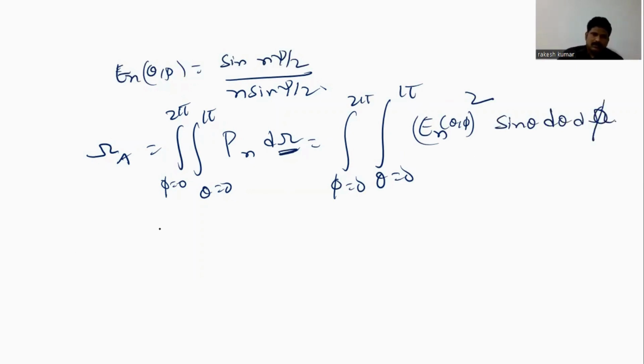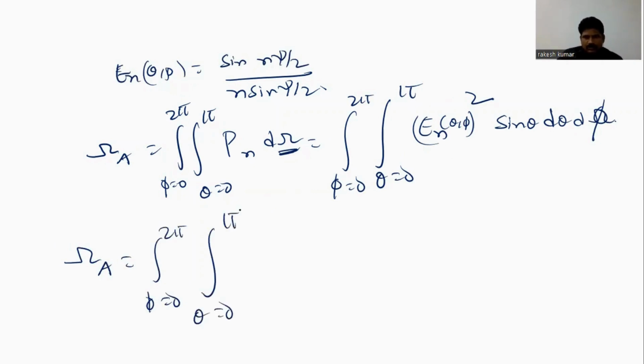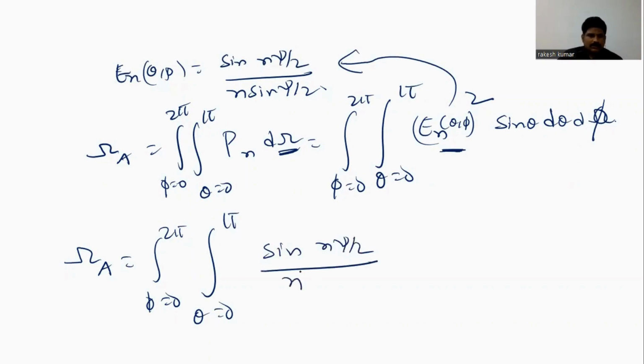So sigma A is equal to the integral over phi from 0 to 2 pi and theta from 0 to pi. This is the value of n of theta: sine n psi by 2 by n into sine psi by 2, whole square, into sin theta d theta d phi.